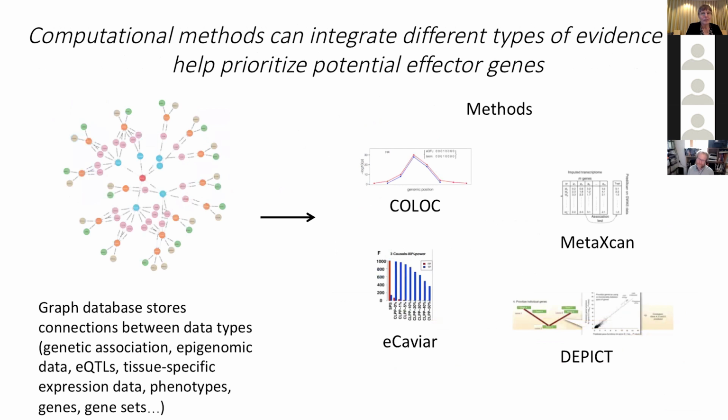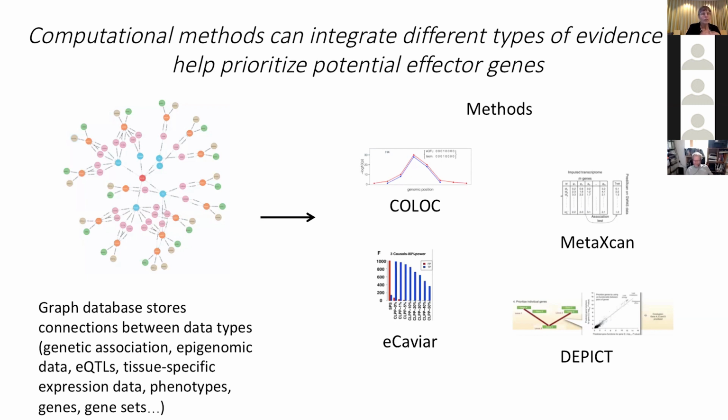To present this information, we had to do a lot of background work that our researchers and engineers have been working really hard on for a while now. To access all the data in the portal and run it through different computational methods quickly and in a versatile way, we had to store the data differently. The data are now stored in a graph database, a Neo4j database, that stores connections between many different data types, such as genetic associations, epigenomic annotations, eQTLs, tissue-specific expression, phenotypes, and genes, of course.